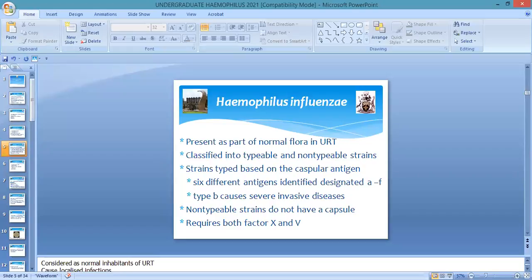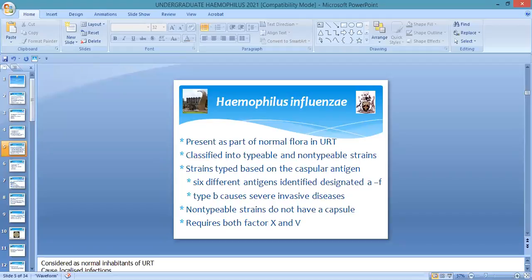So Haemophilus influenzae requires both the X and the V accessory growth factors. Unlike the type B strains, the non-typable strains usually cause localized infection. There's something else I needed to mention.